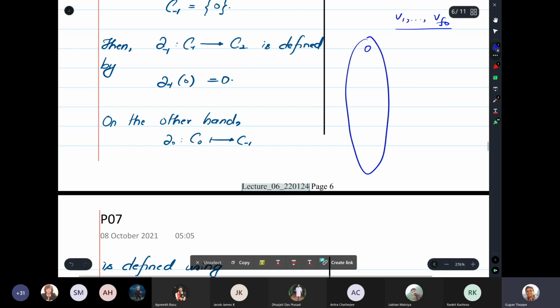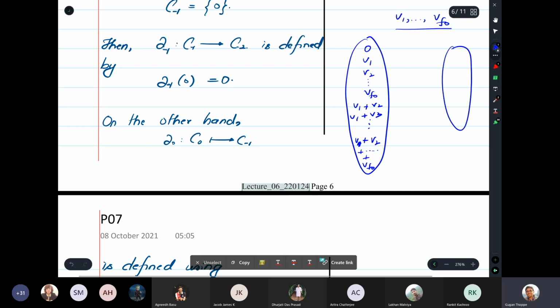Then I hope you agree that the different zero chains will be V1, V2 all the way up to Vf0. Then you will have V1 plus V2, you will have V1 plus V3, and finally you will have this big zero chain, which is V1 plus V2 plus dot dot dot plus all the way up to Vf0. So in this way you will have these different zero chains in your domain.